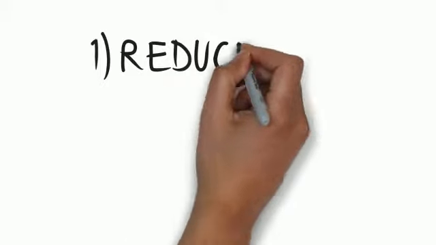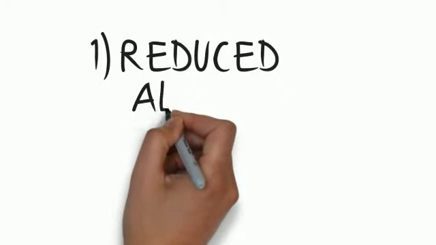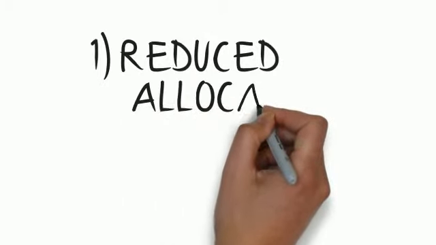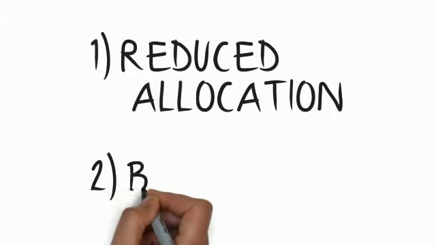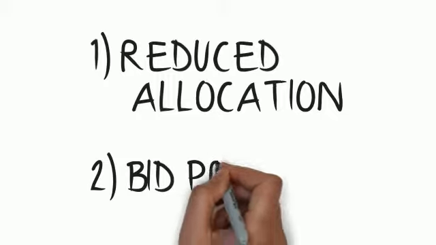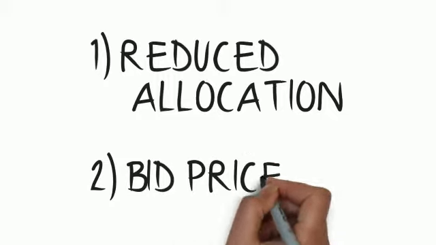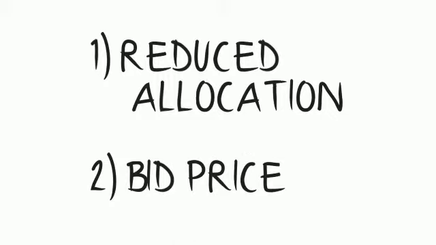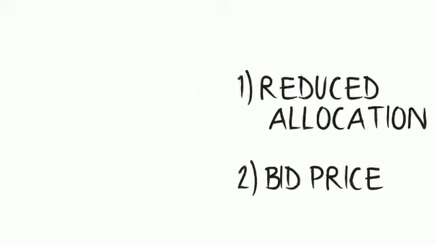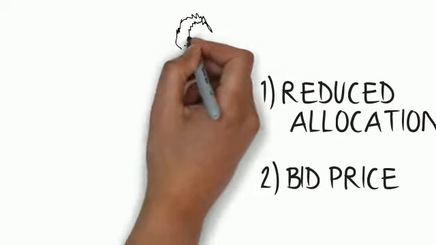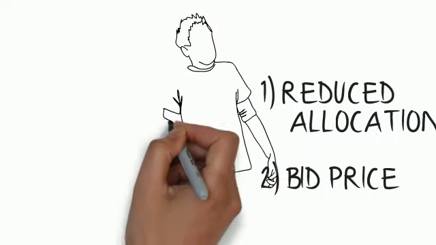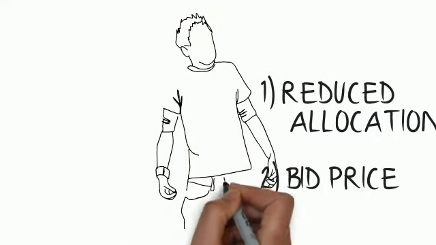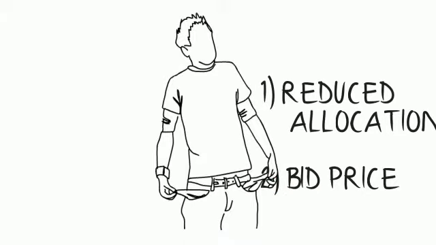It's called the bid price. So you buy the units for the underlying price of the asset, plus the cost of buying the units. So there is a reduced allocation, or there is a bid price. In other words, you are buying your units at a price that is slightly higher than the underlying asset.